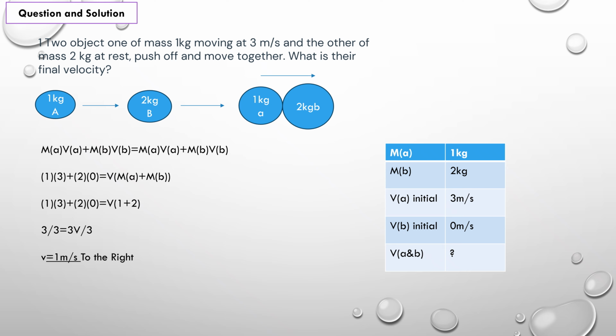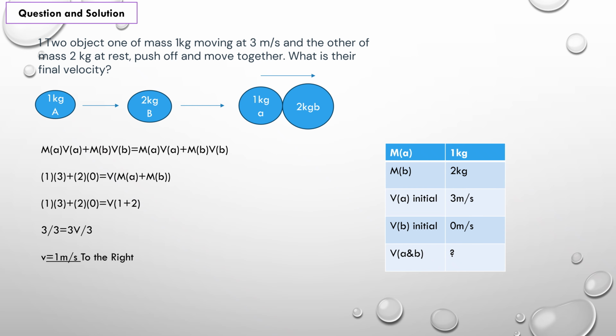So this object have collided and moved in the same direction, which is to the right. If we were having the negative sign, it was going to mean that the object moved leftward. If we were having -1, but since we have +1, it moves to the right.